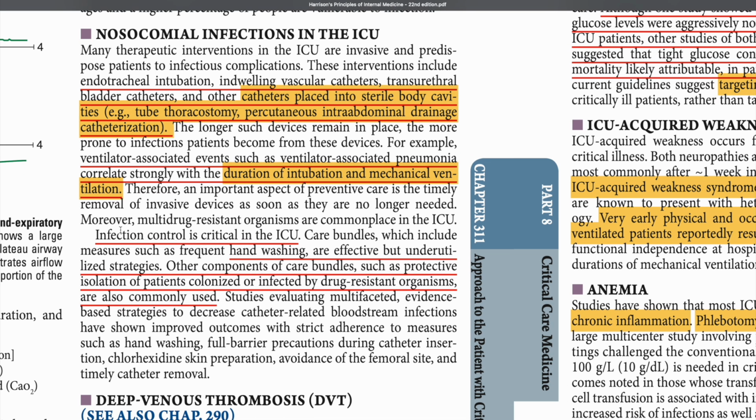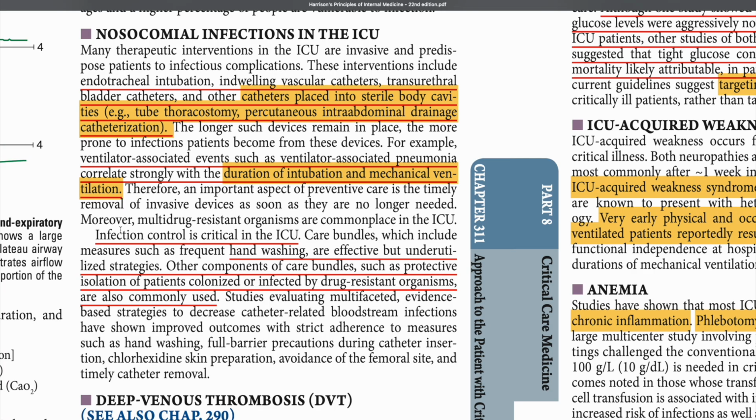Infection control is critical in ICU, and this can be prevented by care bundle measures like hand washing, then protective isolation. Patients colonized or infected by drug resistant organisms should be isolated, and frequent changing of these catheters can help in preventing infections.